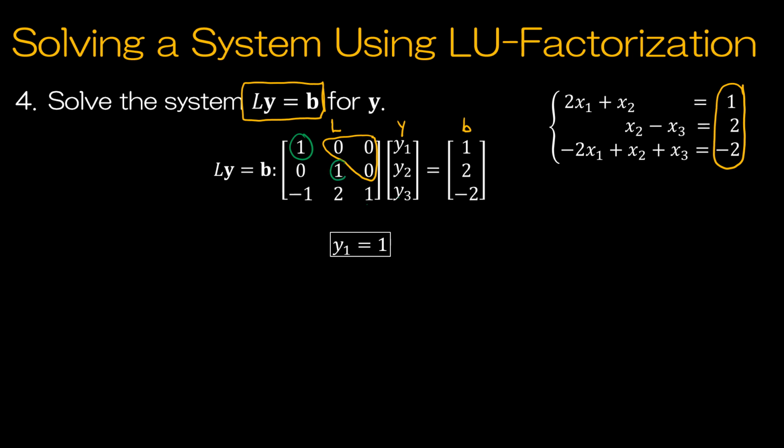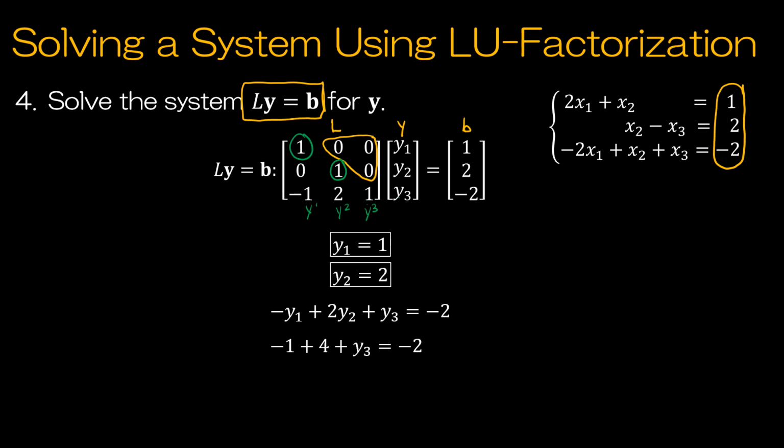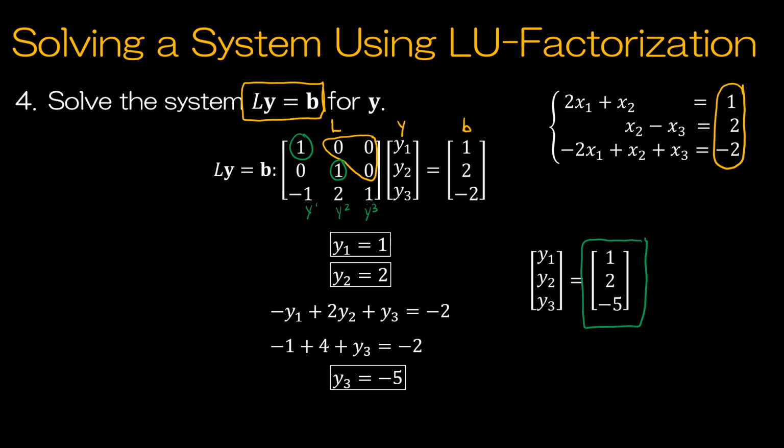And then y2 is equal to 2 without doing any work. And y3: -1 y1 plus 2 y2 plus 1 y3 is equal to -2. Replace those values of 1 and 2 and solve for y3, which is -5. So now I have my solutions for Y, and I'm going to again think about them as a column matrix.